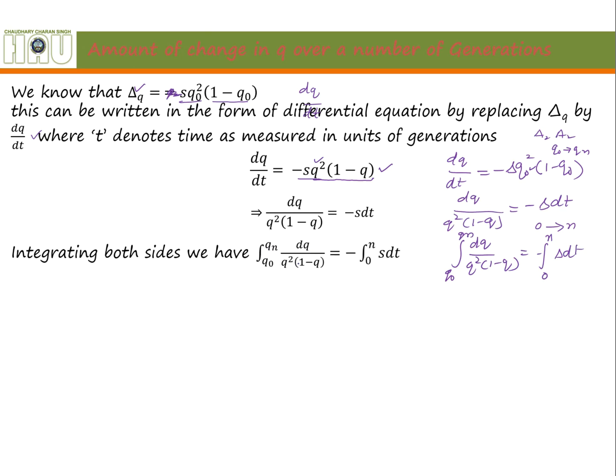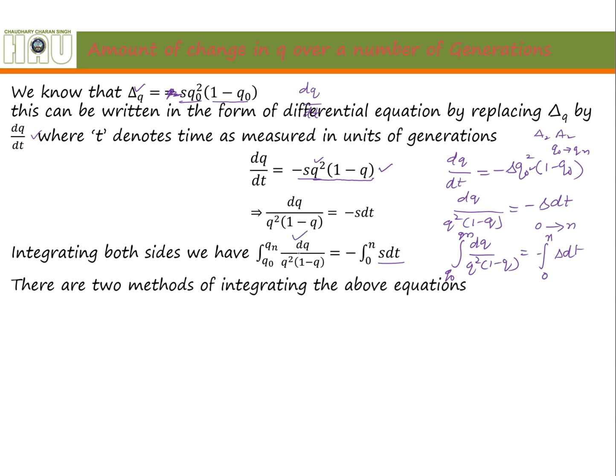So if I integrate both sides, we have the integral from q0 to qn of dq upon q square 1 minus q equal to minus the integral from 0 to n of s dt. Now, this integration is very simple because s is constant, I can take it out and it is t.